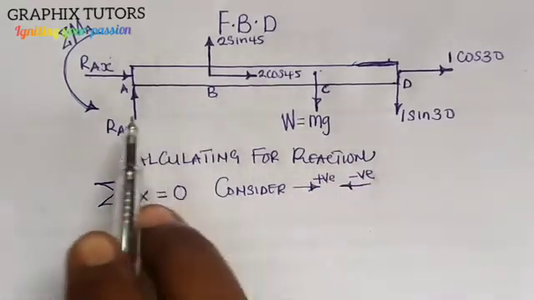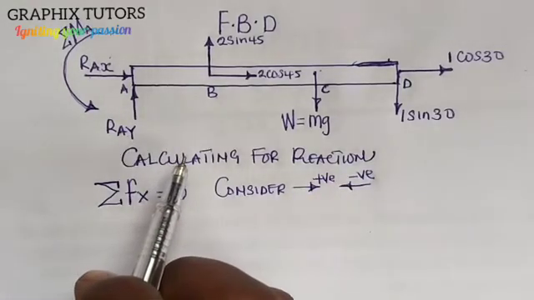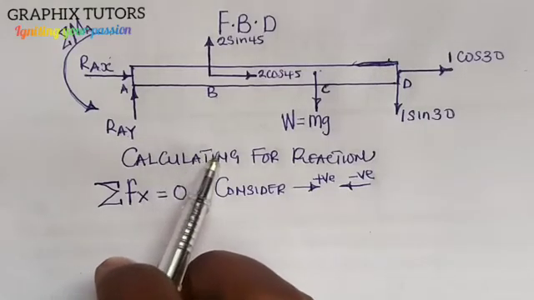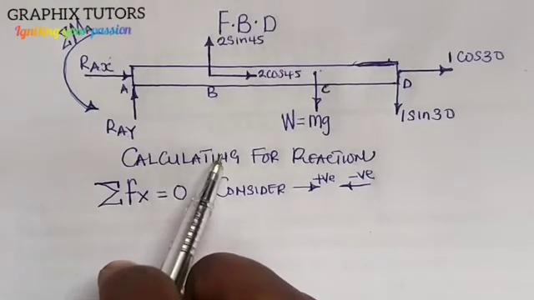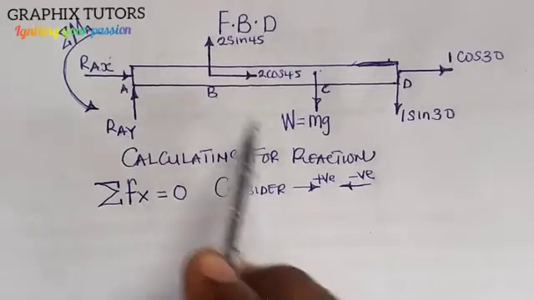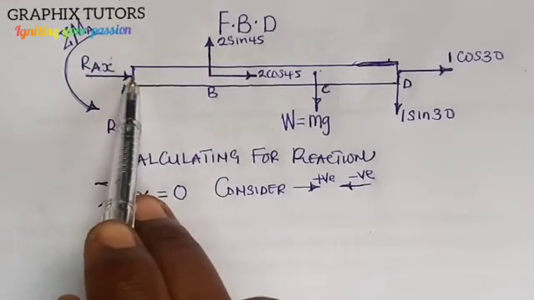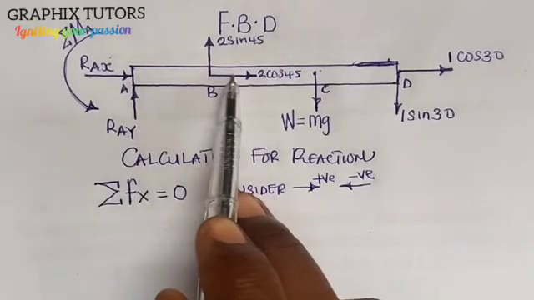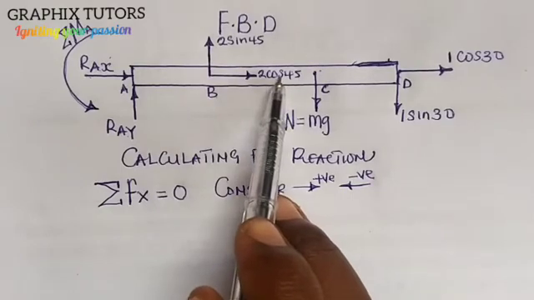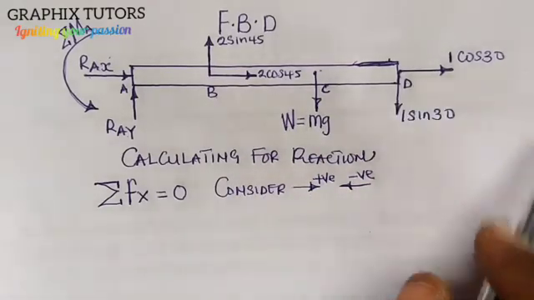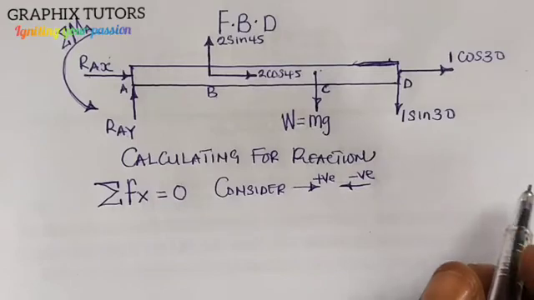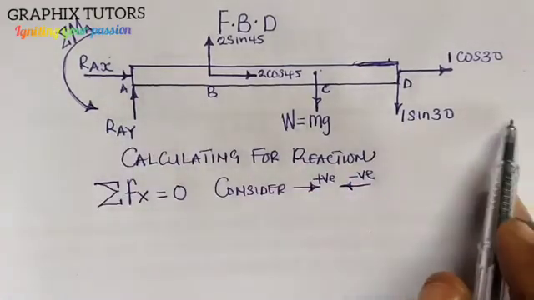So if you look at this, we have 3 horizontal components, or 3 forces acting along x-axis. ROAX is acting along x-axis, 2 cos 45 is acting along x-axis, 1 cos 30 is acting along x-axis, and they are all facing towards the right, so they are all positive.